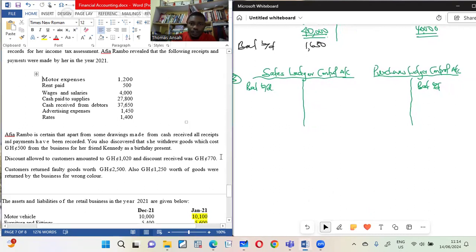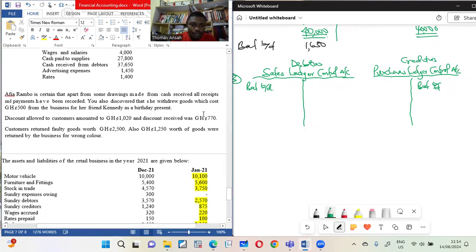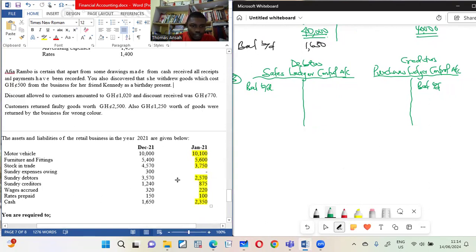Now let's go and fish out our debtors balances. So that you know, this one is about your debtors and this one is about your creditors. All right. So let's go and pick our opening balances. So you see here, the debtors, the balance is 2,570. Okay.